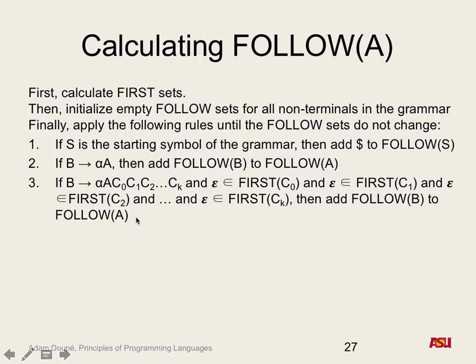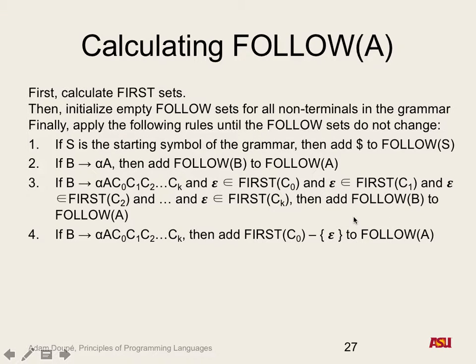Rule 3 says, hey, but if we're not the rightmost, and epsilon exists in the first sets of all symbols between the token we're interested in and the end of the rule, then the same thing applies. We add the follow of B to the follow of A. The fourth rule says, whatever comes after you in the rule, add its first set minus epsilon to your follow set.